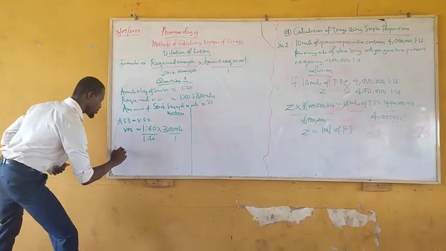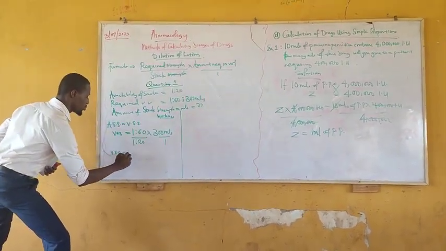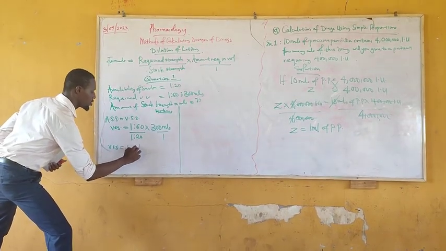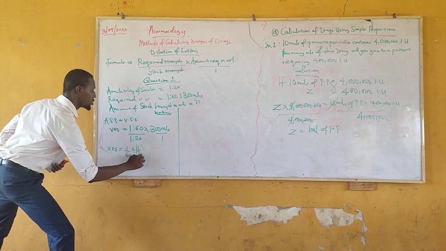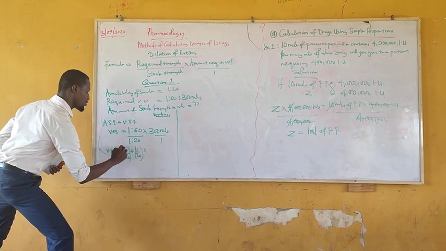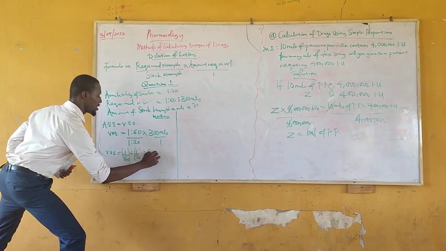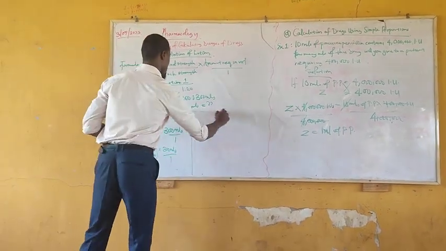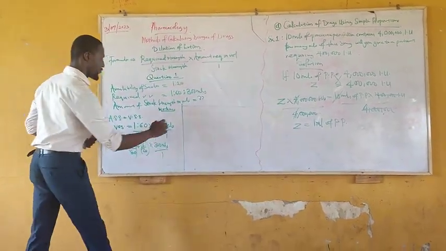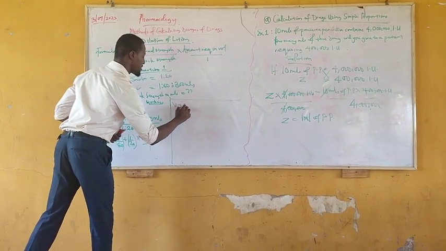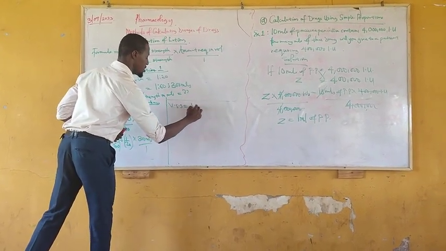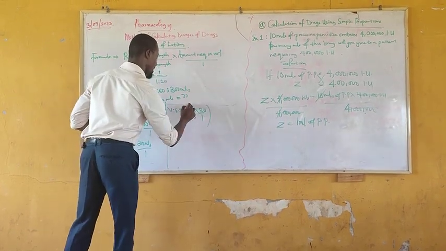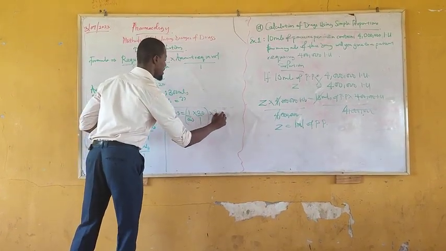How do we interpret it? This is 1/60 divided by 1/20 times 300 mils over 1. So VSS equals 1/60 times 20 over 1, all of it together times 300.